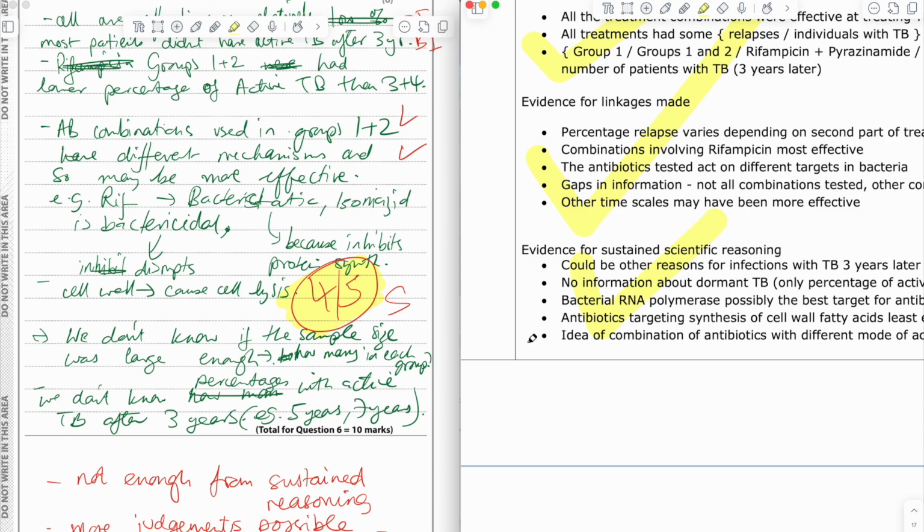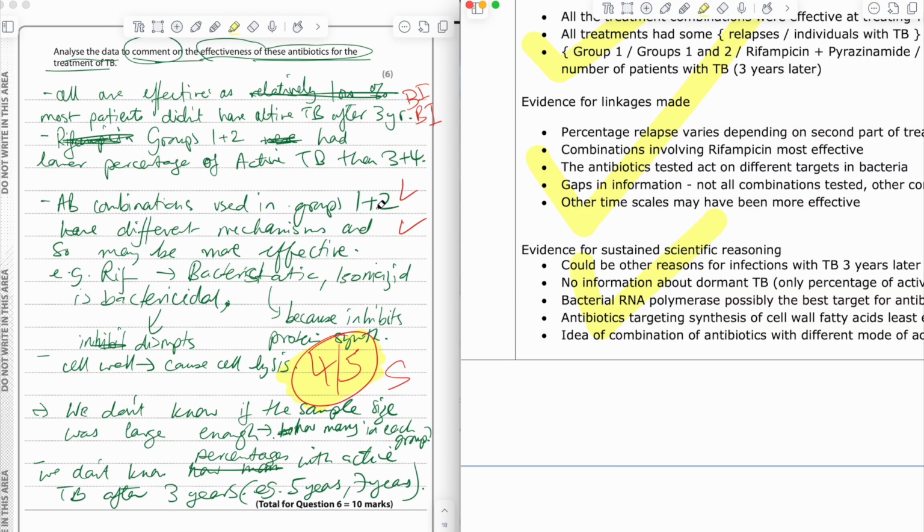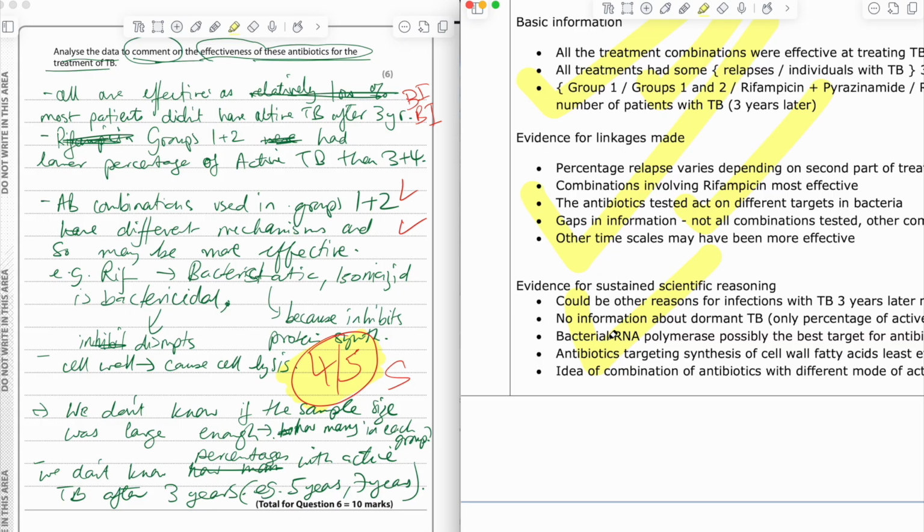That balance is what can result in getting the higher levels. So I've stopped short of giving myself the full marks, because while I got marks from this area and this area, I only got maybe 1 point from the last section.